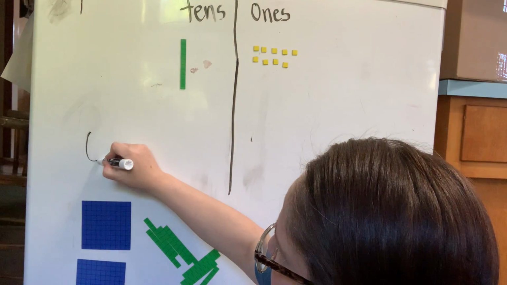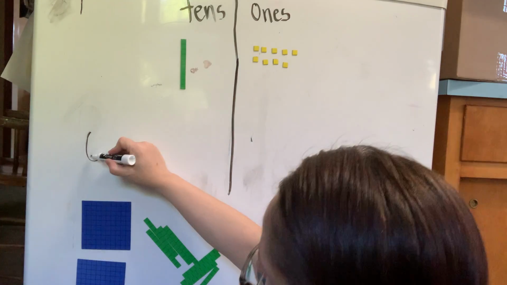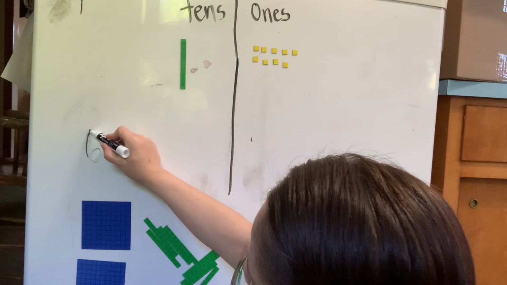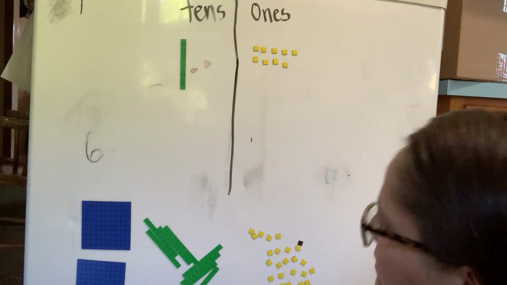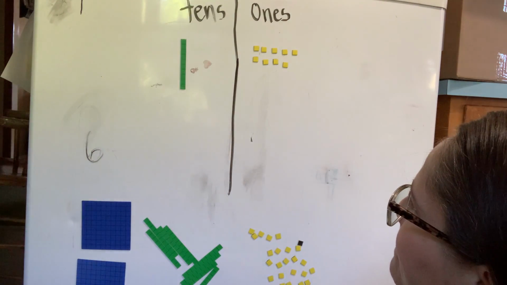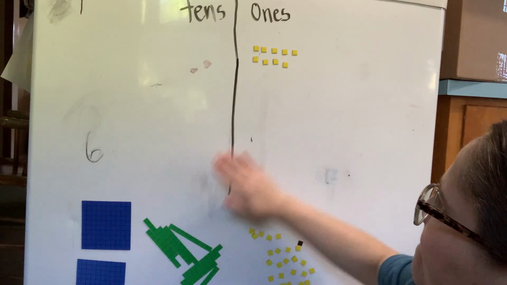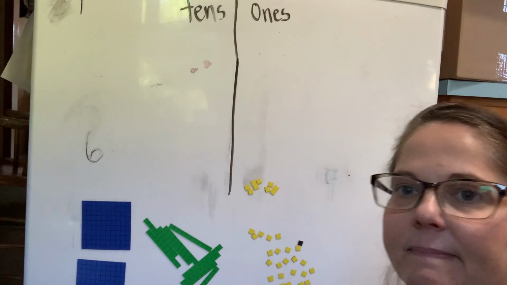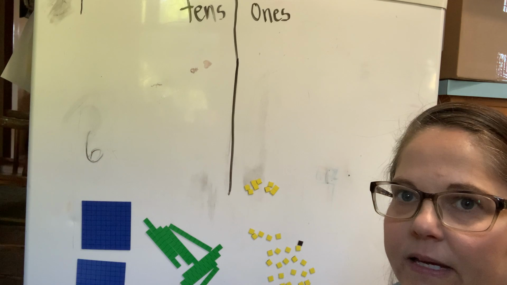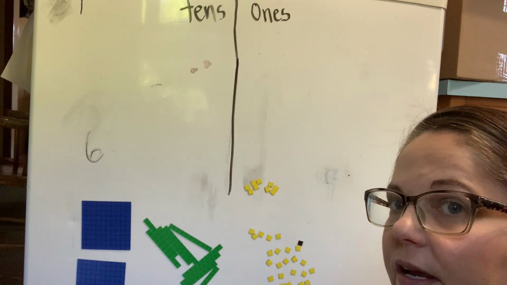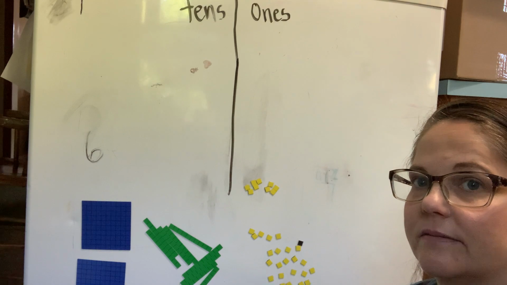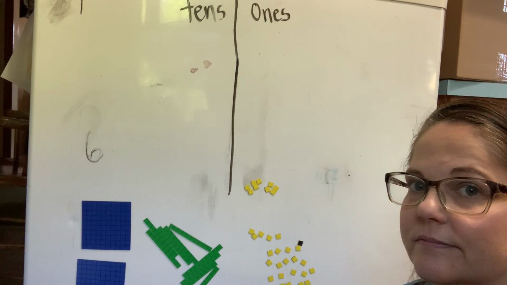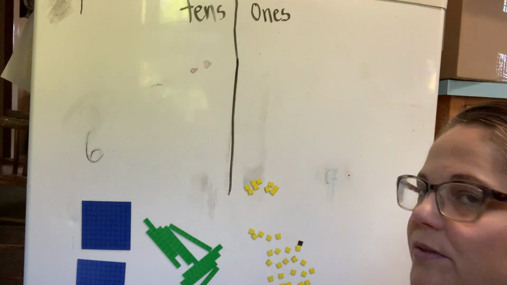What would just the number 6 look like? Just the number 6. Take your time. If you want to pause this video, you can. Try to build the number 6. All right, let's do it together.